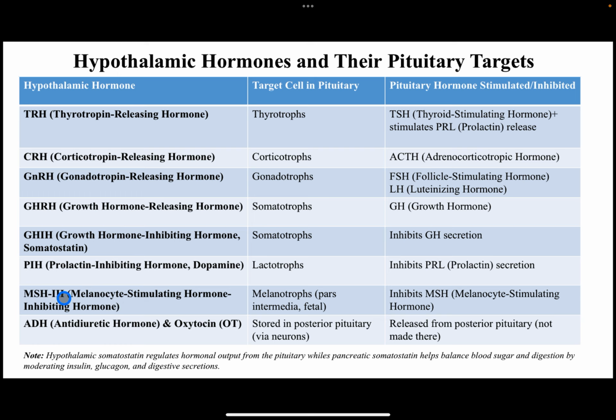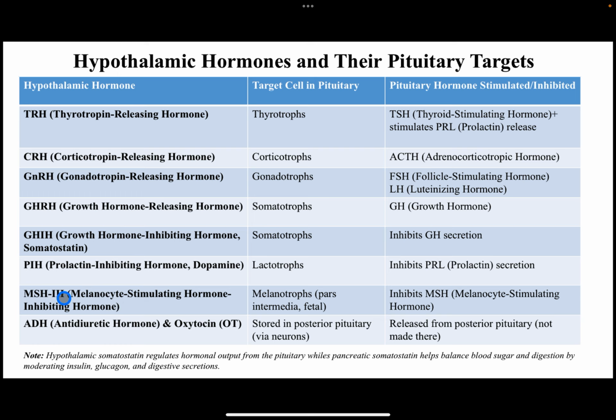So if it is the stimulating and it stimulates the melanotrophs, it's going to stimulate melanocyte hormone. Okay, so melanocyte stimulating hormone will be released. But if it is the melanocyte inhibiting hormone and it stimulates or sensitizes the melanotrophs, they will produce melanocyte inhibiting hormones. Is that okay?